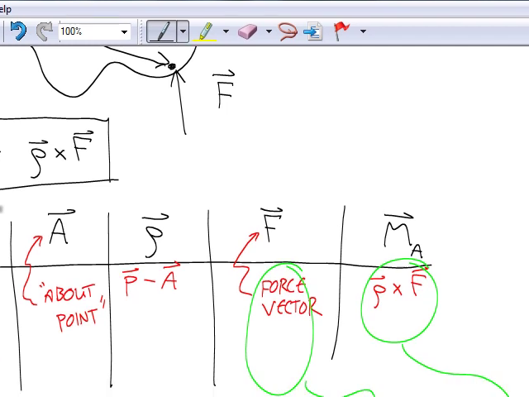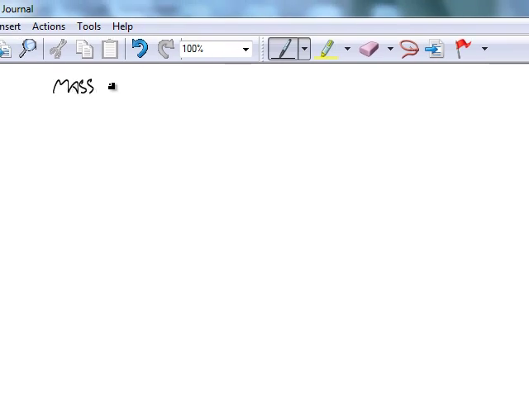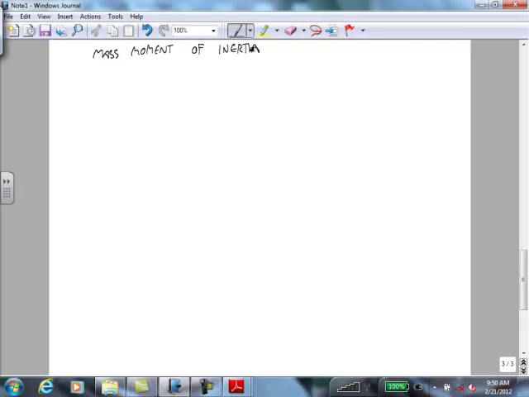Okay, the last thing we have to calculate before we go into rotational Newton's second law is the mass moment of inertia. You hear this described as just the moment of inertia, the same way people talk about a torque or a moment.